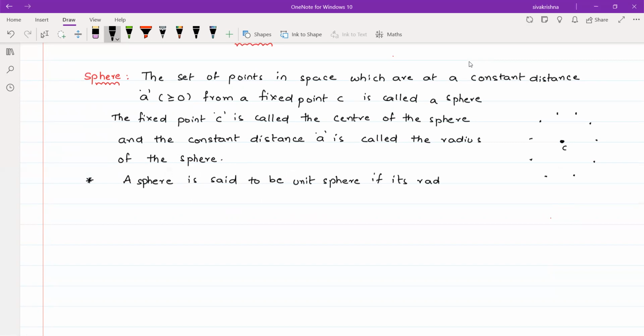If its radius is 1 unit, it means the constant distance should be 1 unit. Okay. So then we say that that sphere is a unit sphere.